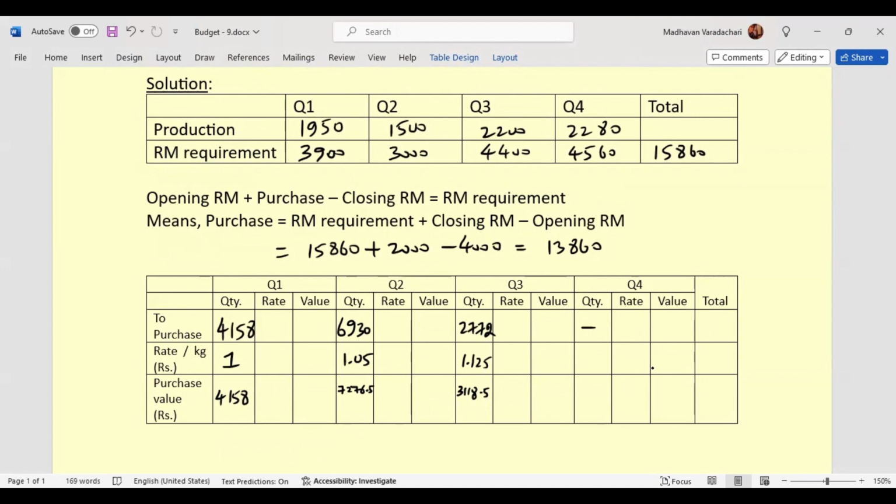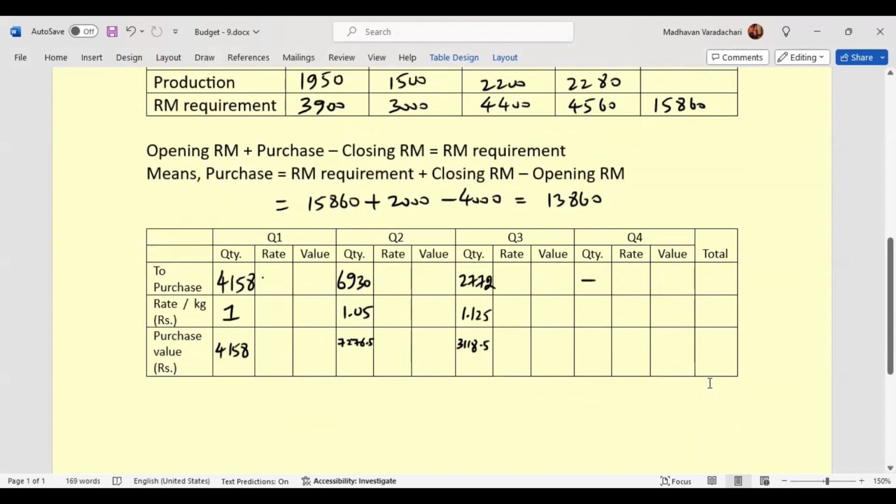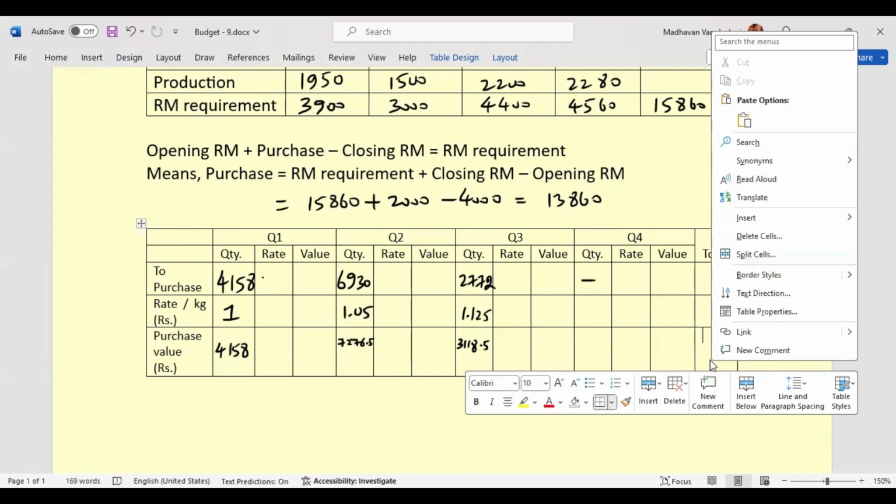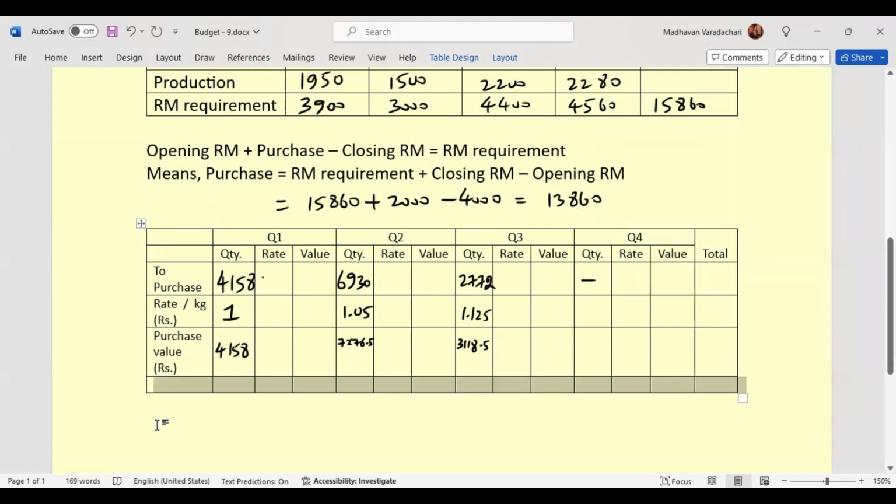Now, I think we will add some more rows here. One row we will do for opening stock, opening raw material.